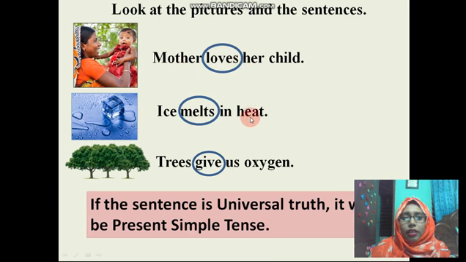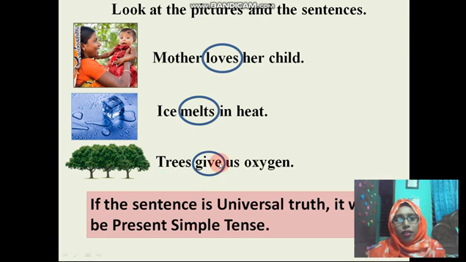Ice melts in heat. So the subject is third person singular number. That's why we have to use s with the main verb. Melt is the main verb and we used s with this word. Trees give us oxygen. Trees is a plural subject. That's why we did not use s or es here.